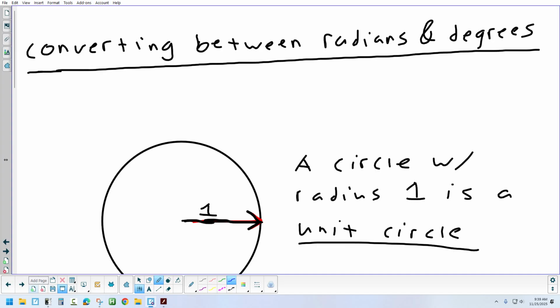Now, to do this, I could draw a circle of any size. It's just that if I draw a unit circle, it makes what I'm about to do easier to do in your head. And that's because on a unit circle, the radius is 1. That's called a unit circle. Don't have to use a unit circle, again, but it's going to make it easier.